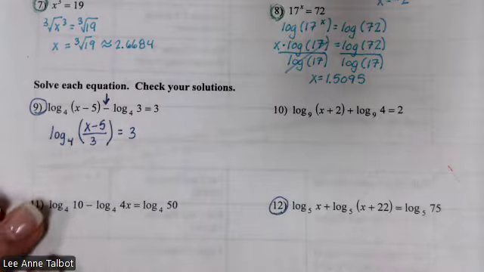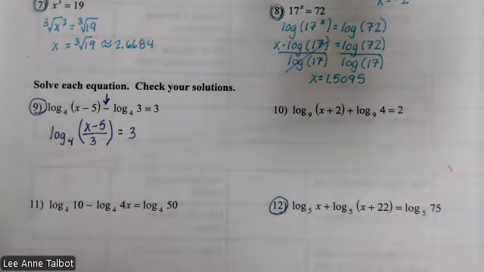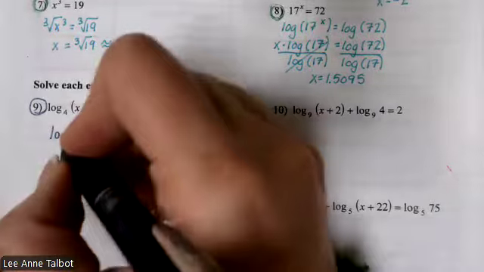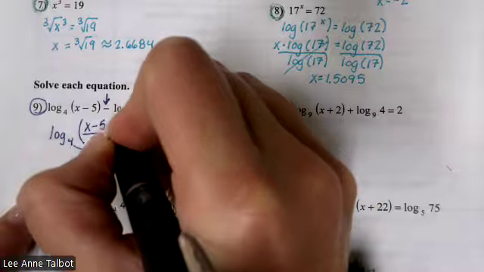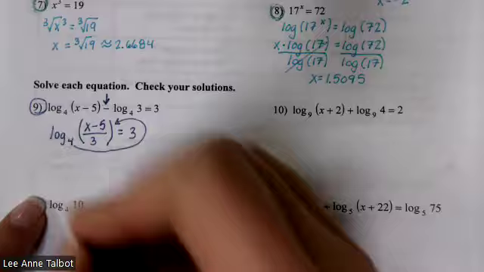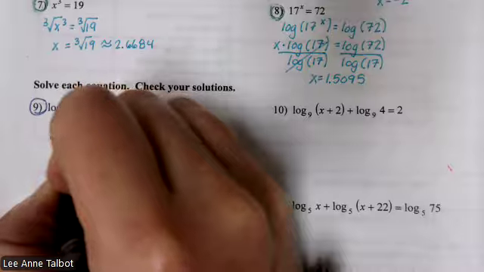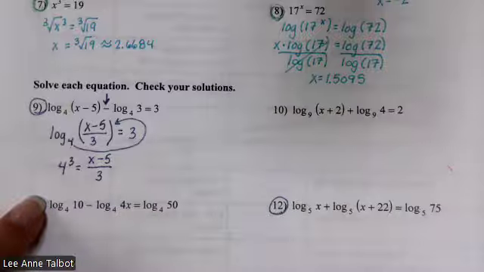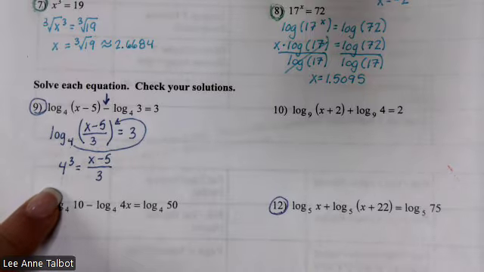Okay, now step two on all of these is you need to decide if it's a Guinan circle problem or if it's a cross out problem. This one is a Guinan circle problem, and the reason is because there's no log over here for me to cross out. Okay, what's 4 to the third? 64?